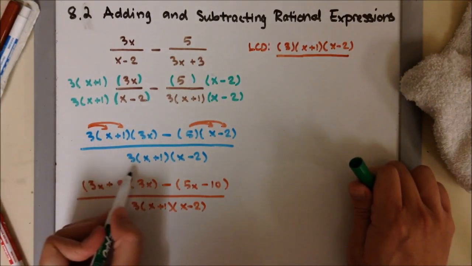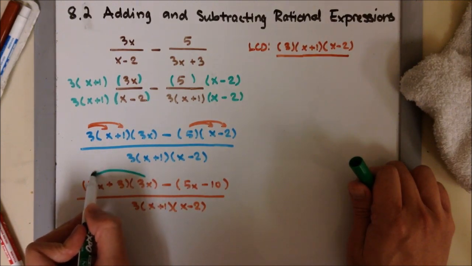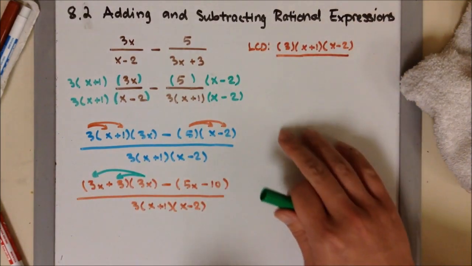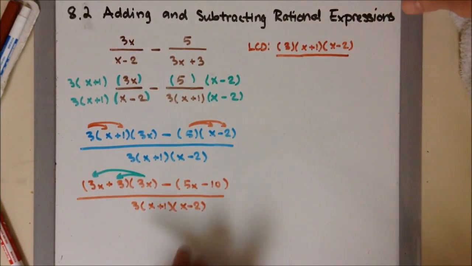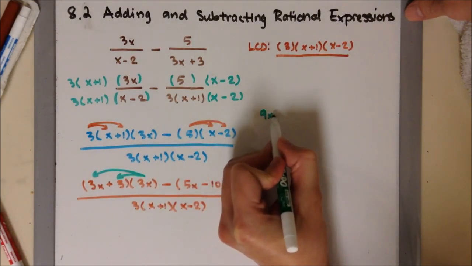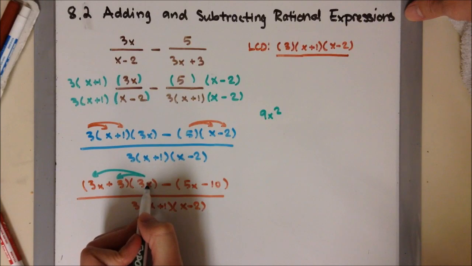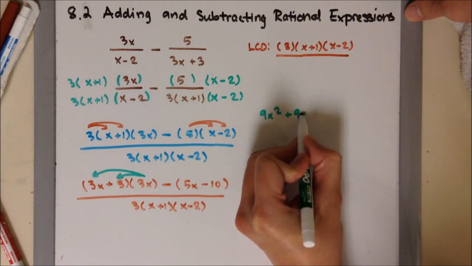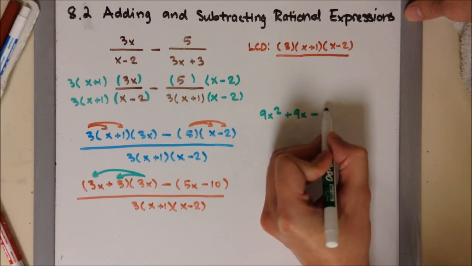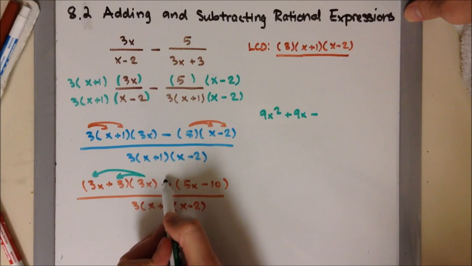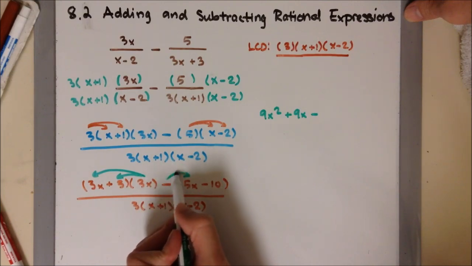Here I have the 3x. I'm going to distribute to the expression on the right side. So I'm distributing the 3x to the 3x and the 3x to the 3. I'm going to write it out here for more space. So 3x times 3x will be 9x squared. 3x times 3 will be positive 9x minus, now here I'm going to distribute to the 5x and the negative 10.